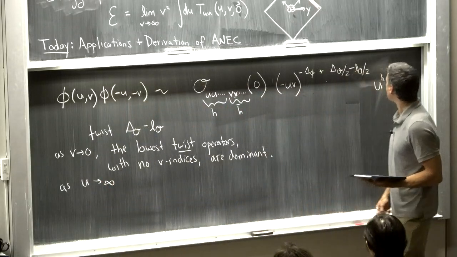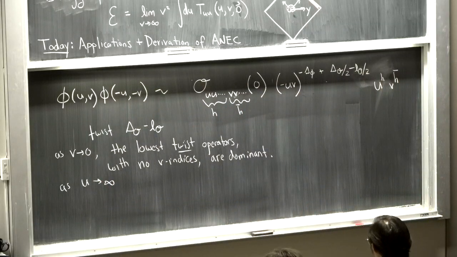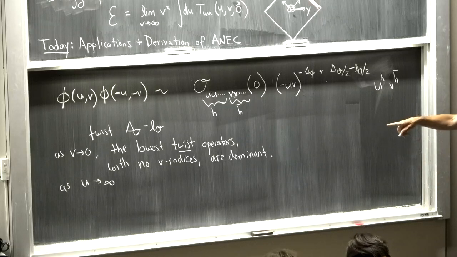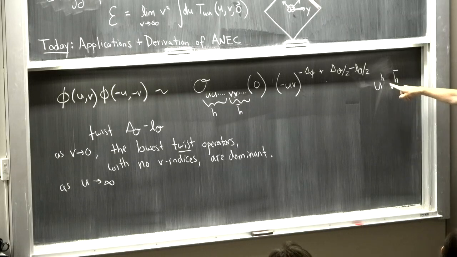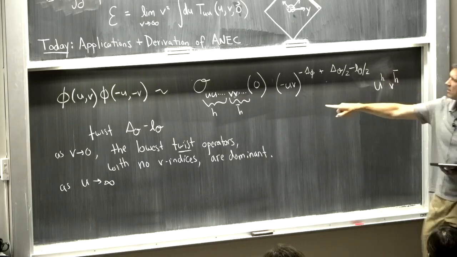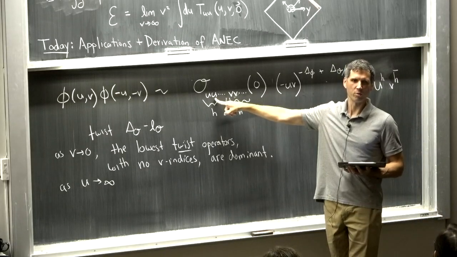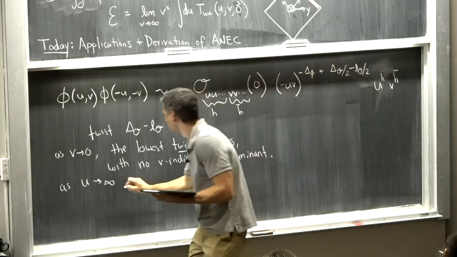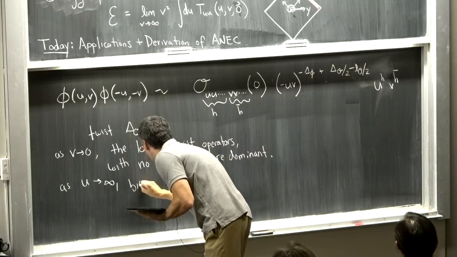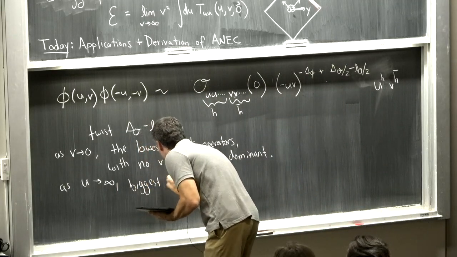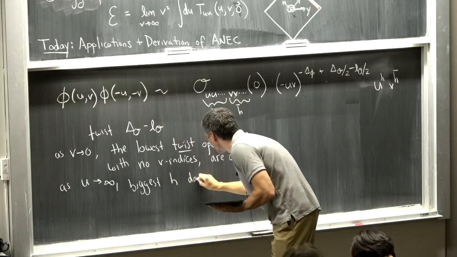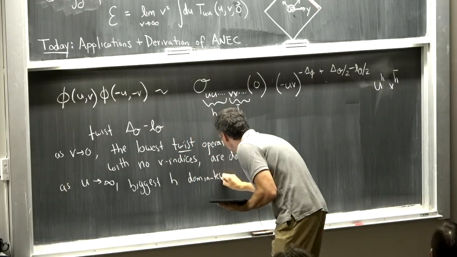So the other thing here is that as we take U large, we have these powers of U here, this U to the H, which means that the dominant operators will be the ones with biggest H. So the most number of U indices. So the biggest H dominates.